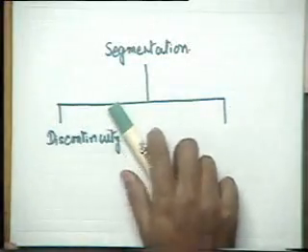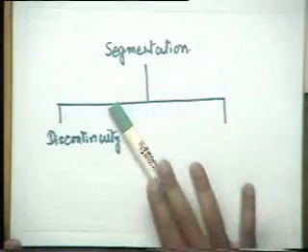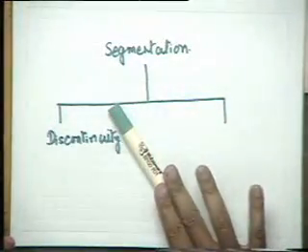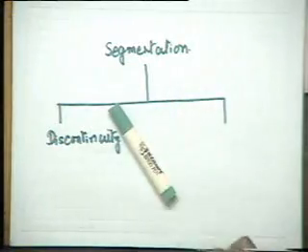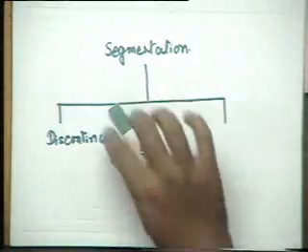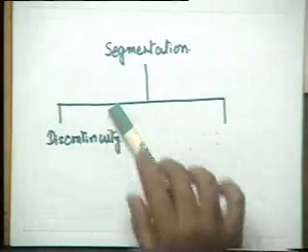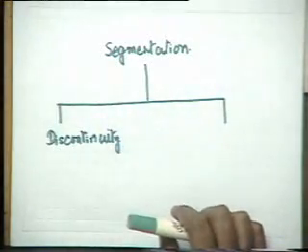When we have one object over here, this object will have some intensity value and the background will have some other intensity value, and at the boundaries of this object there is a discontinuity in the pixel intensity. So in the segmentation approach based on discontinuity, we will be detecting the edge pixels, or rather we should be able to clearly identify the boundaries of an object.